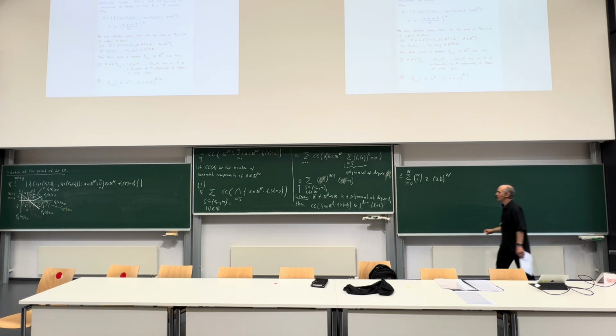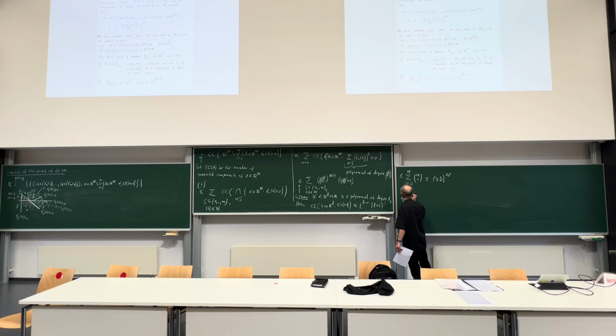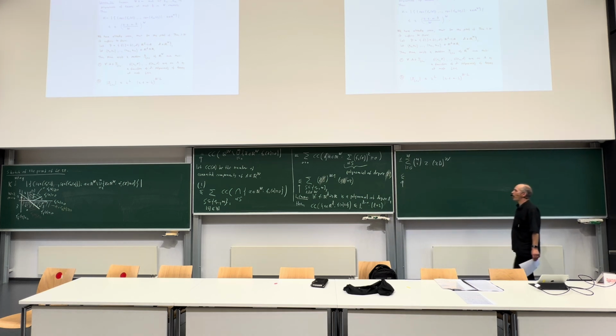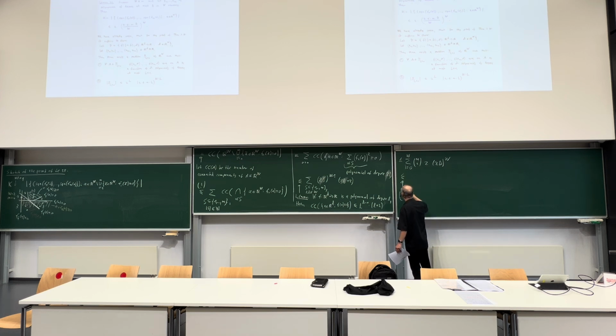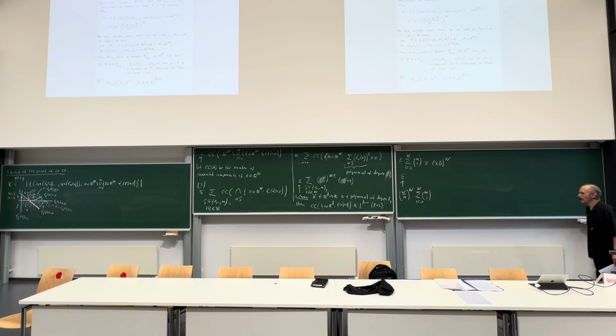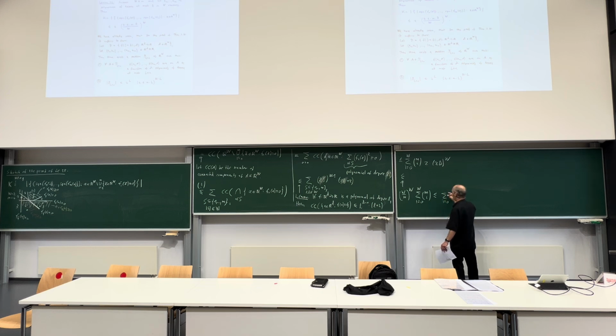And now you make one trivial bound, which we know already. What do we know about this sum, i equal 0 to W, m choose i? I multiply this sum with W divided by m, with exponent W. We had this bound in the proof of the Vapnik-Chervonenkis theorem.